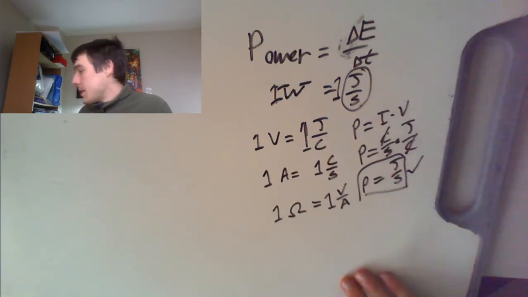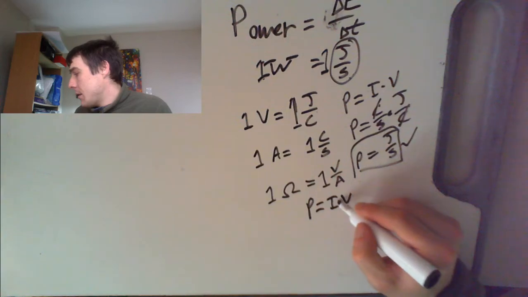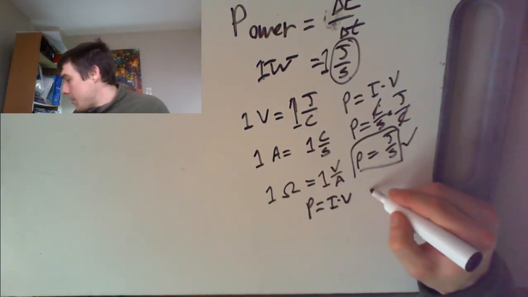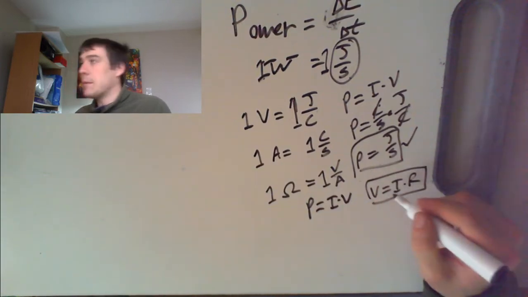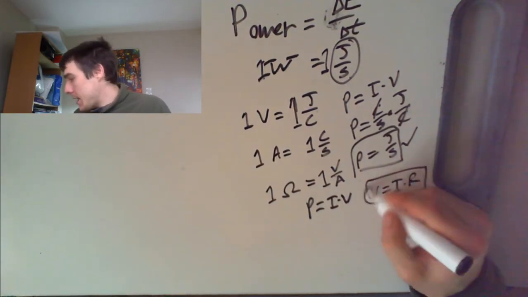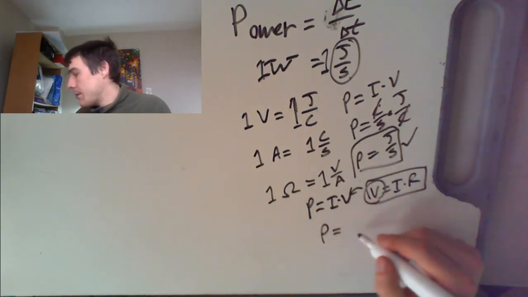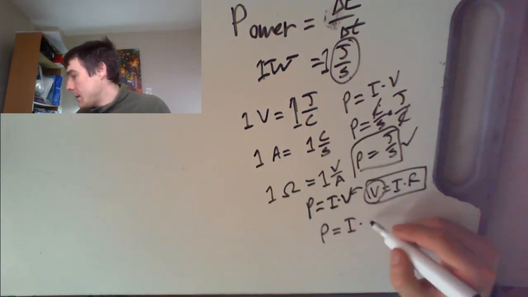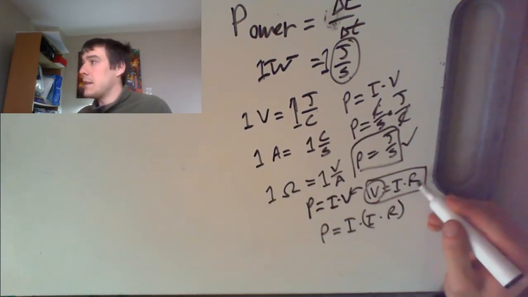Now there's a second one here that you can do. If you start from P equals IV, and you know that V is equal to IR, which is Ohm's law, we just take that and stick that in there. You have a second equation for power. P equals I times IR, because that came from there.